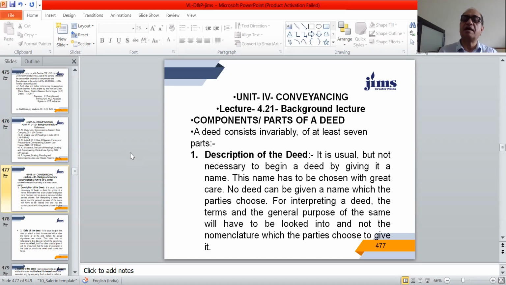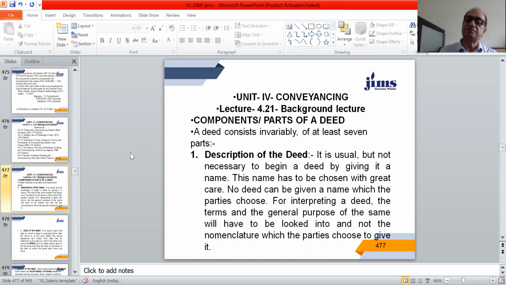You will have to describe the deed in the beginning, whether you are going to draft a sale deed, or a gift deed, or lease deed, or mortgage deed, or exchange deed, or a relinquishment deed. So you will have to describe the deed in the beginning.